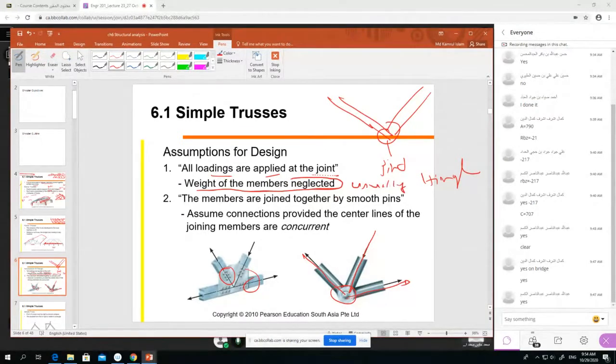So members are joined together by means of a smooth pin. Assume the connections are provided so that the center lines of the members are concurrent at the joint.